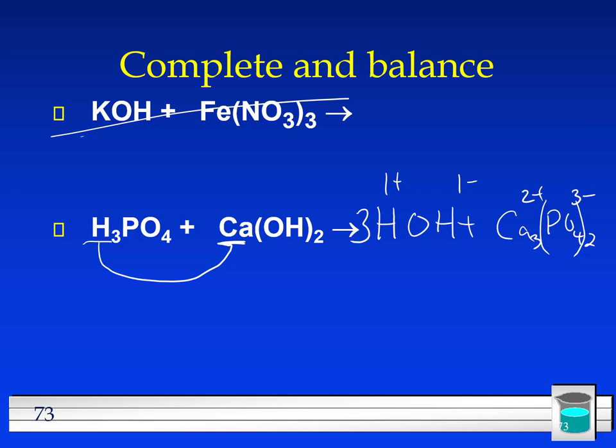Let's move on. Oh, it says 3 calciums on the product side. So I'm going to put a 3 in front of calcium hydroxide, sorry. And that gives me 3 Cas, but it gives me 6 OHs. So if I want 6 OHs, this can't be a 3 in front of HOH, it's got to be a 6.